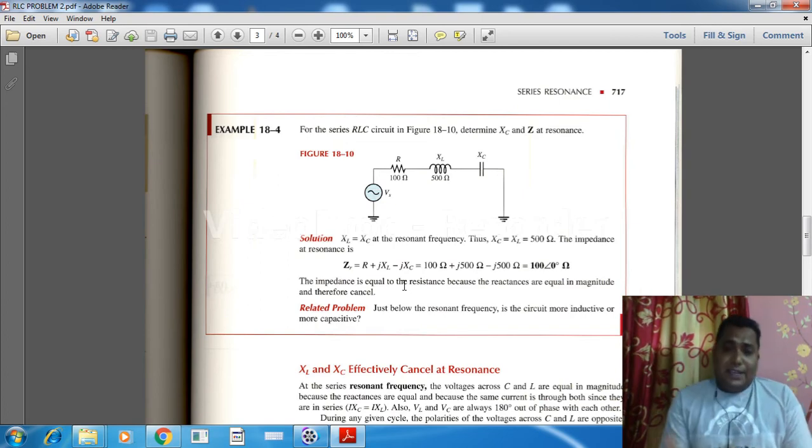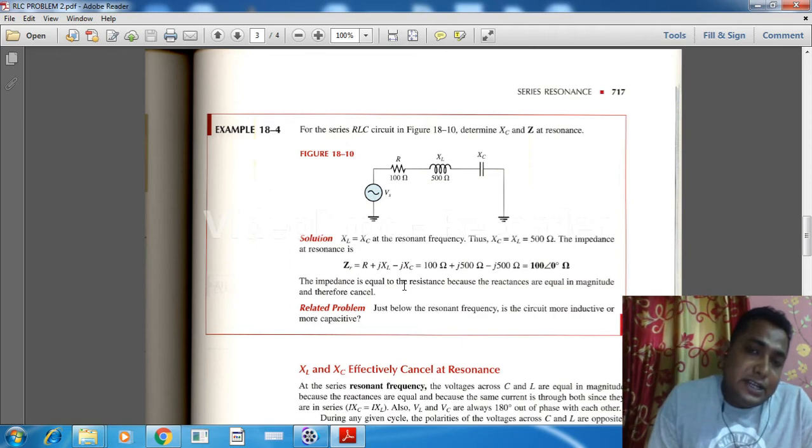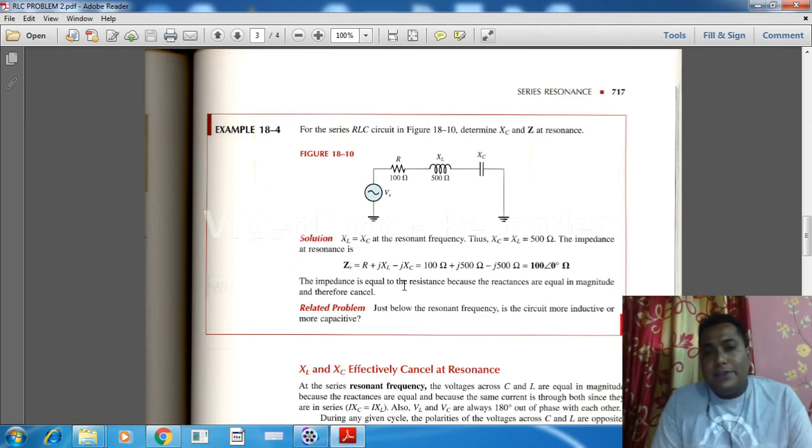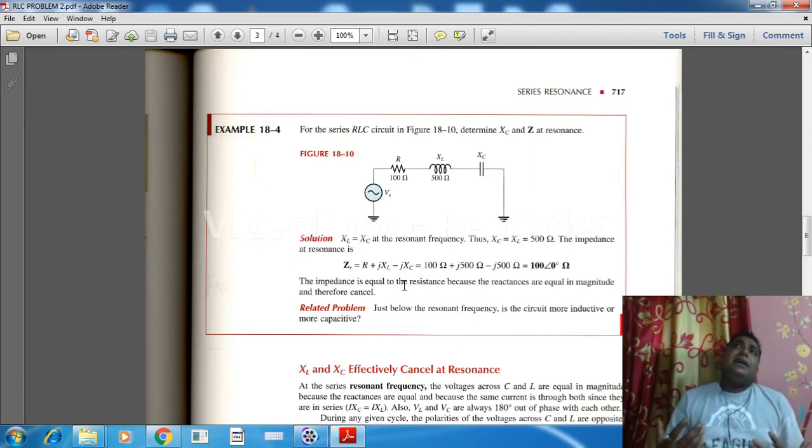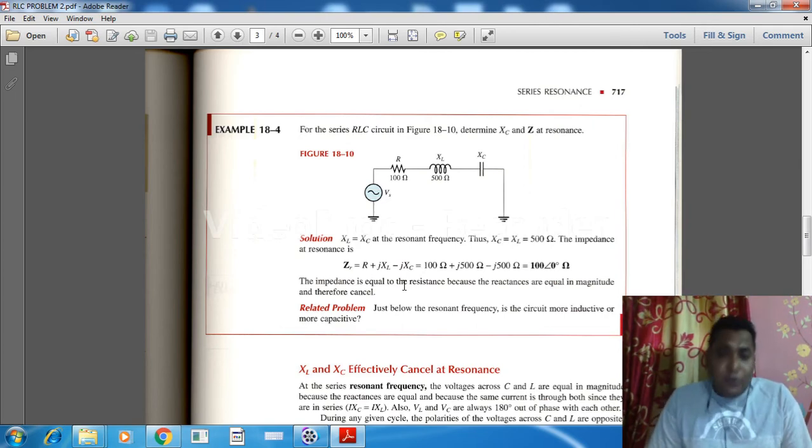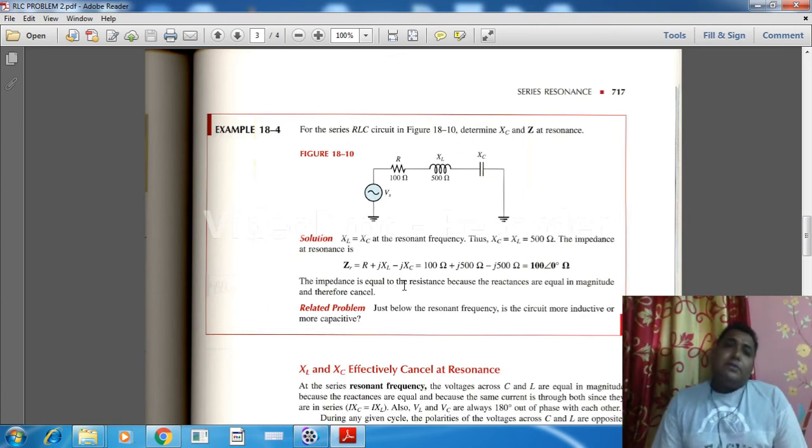Now if I ask you, find out what is the current at the resonating condition, if the voltage value is given. Just say the voltage value is given 100 volt, and it is told to find out the circuit current. So what are we going to do?